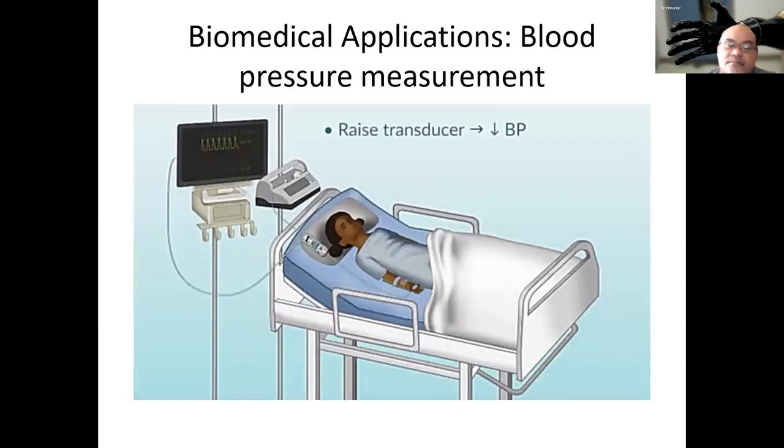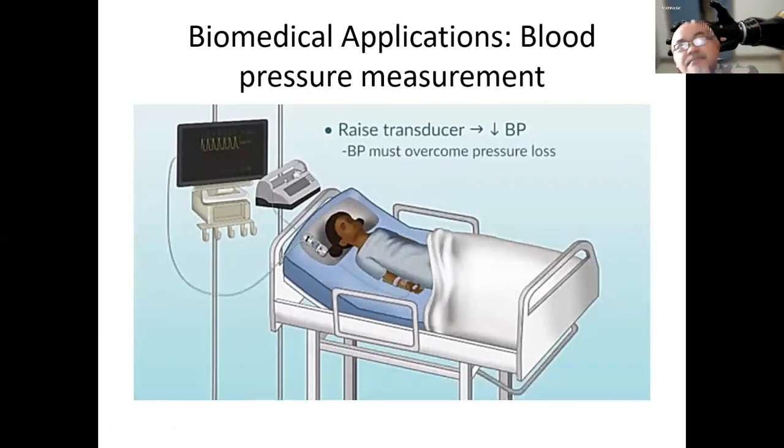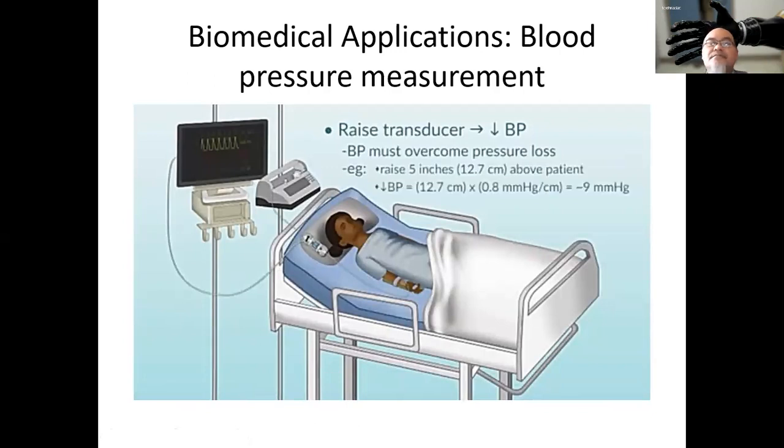So the patient's arterial pressure, to reach the transducer, has to overcome the pressure loss generated by raising the height of the transducer. If I raise it up 5 or so inches, I'm going to lower the patient's arterial blood pressure by about 9 millimeters of mercury.